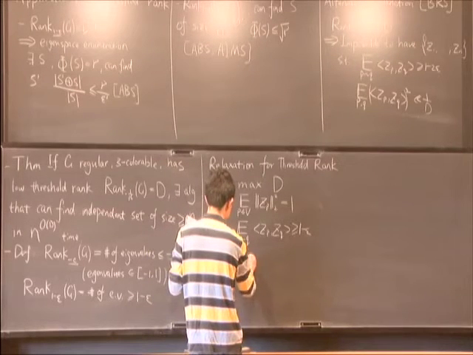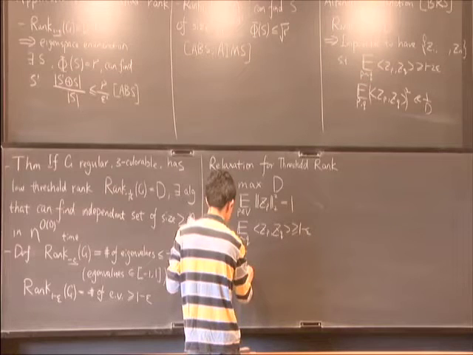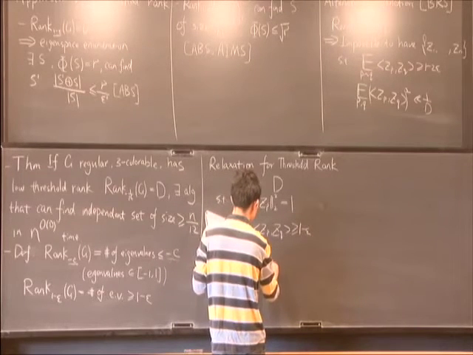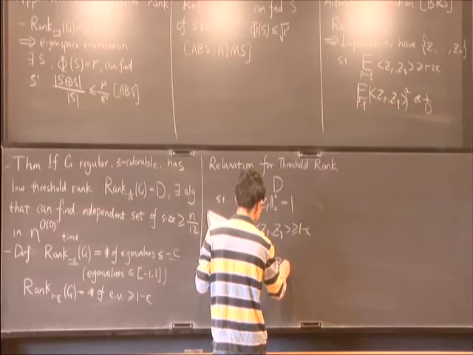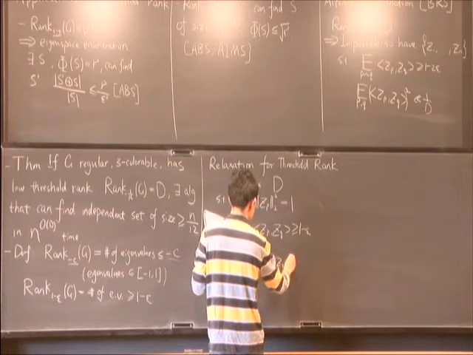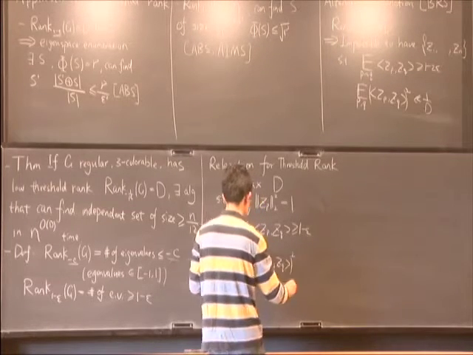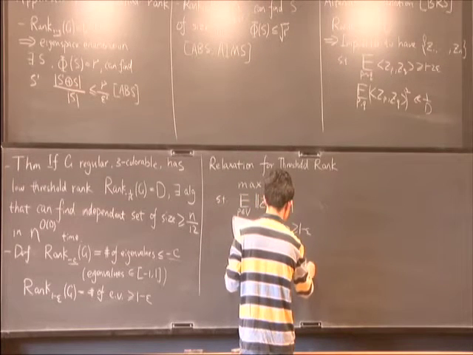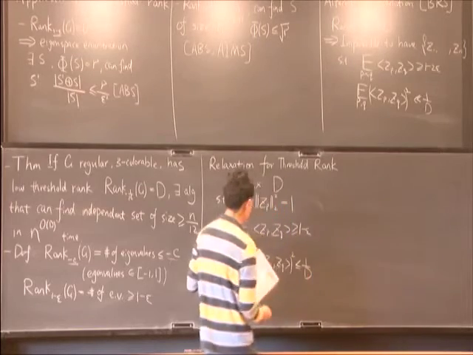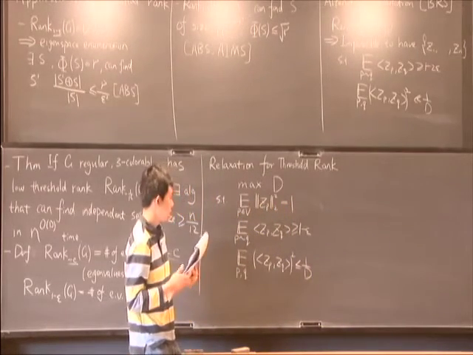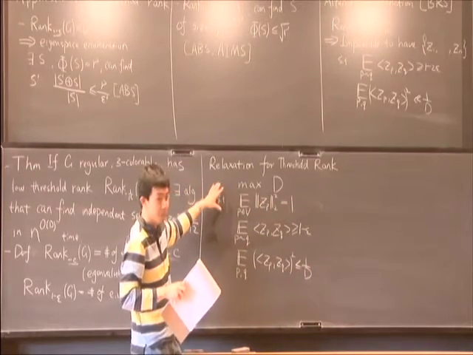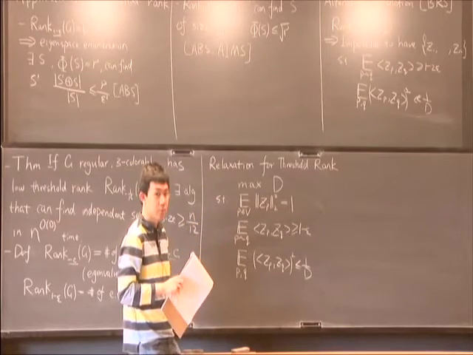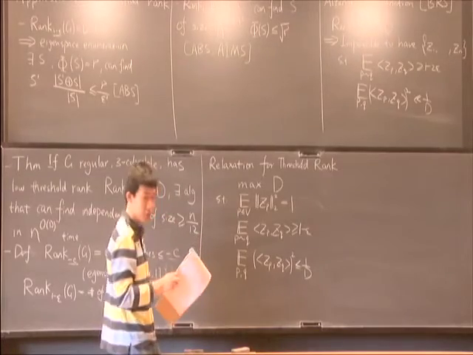And for a random pair of vertices, this correlation of CP and CQ, squared, is at most 1 over D. So their claim is that this is a convex relaxation for threshold rank. And we'll see how this is proved.